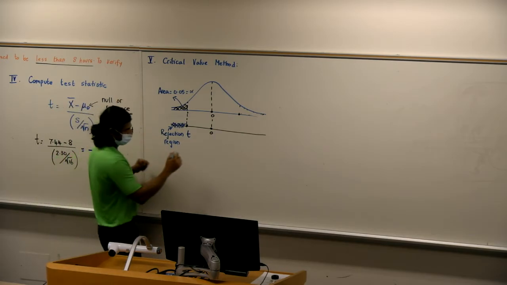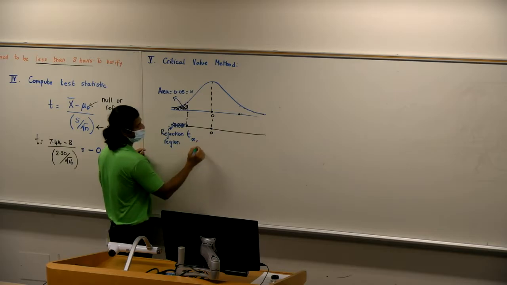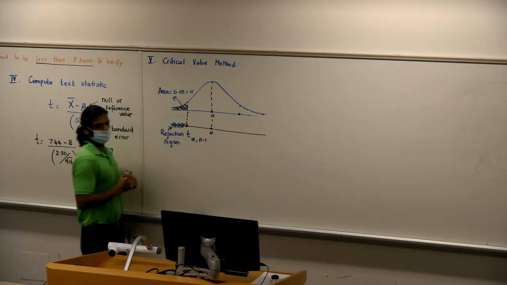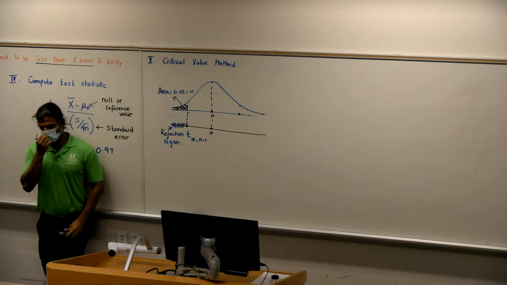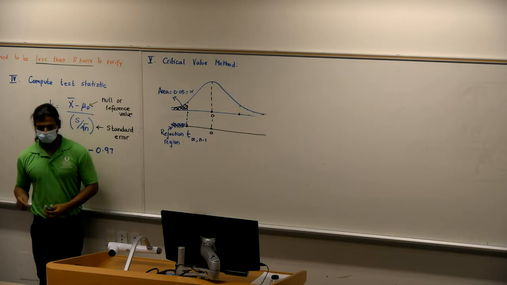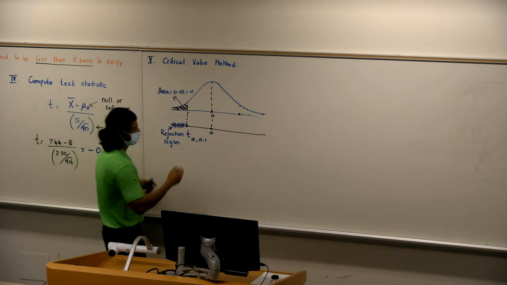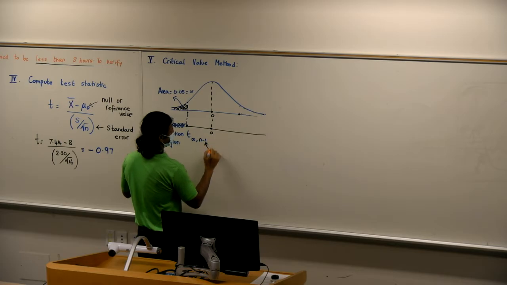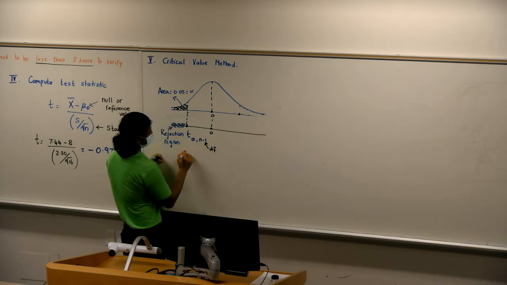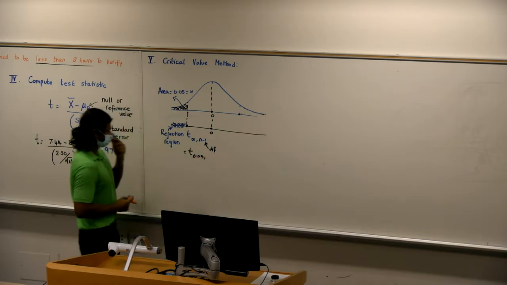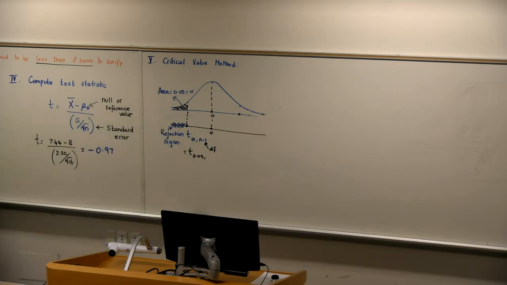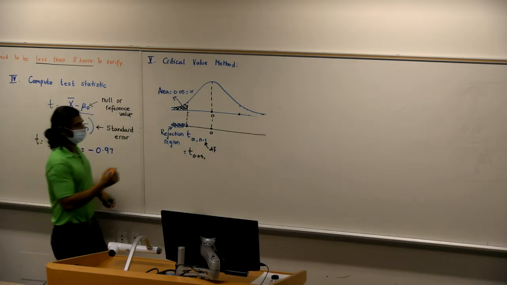T sub alpha, comma, n minus 1. N minus 1 is the degrees of freedom, just like the one that we used for confidence intervals. So in our case, it would be t sub 0.05, comma, n is 16, 16 minus 1, 15.